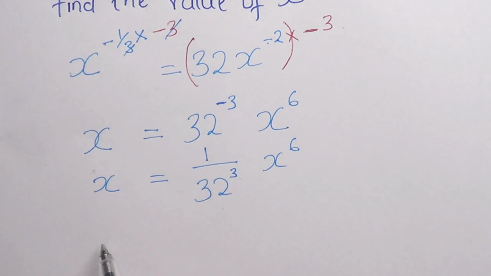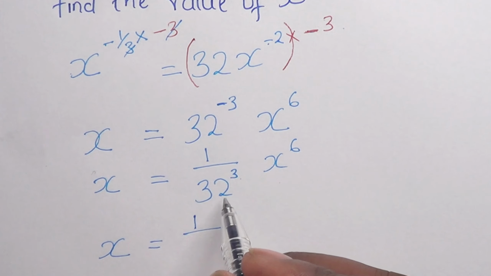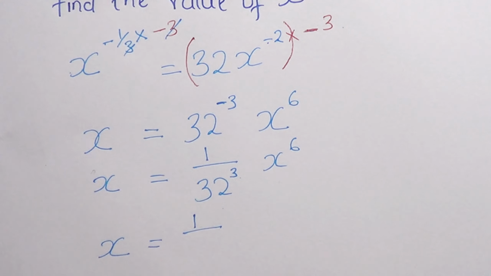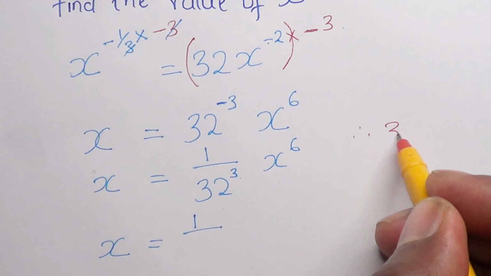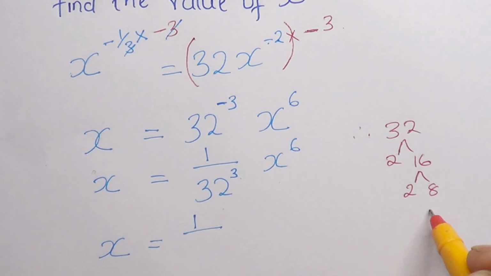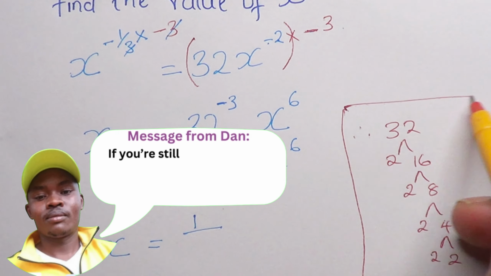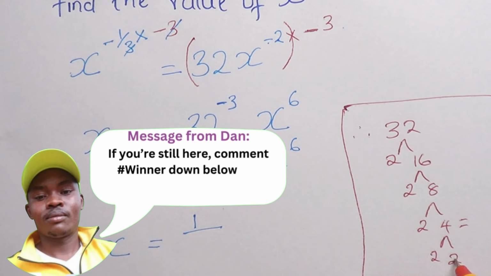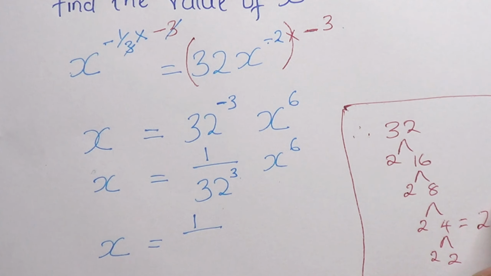So here also it will be x equals 1 over this. The indices, we need to change that 32 into the indices. Remember, 32 divided by 2 is 16, divided by 2 is 8, divided by 2 is 4, divided by 2 is 2. So it will be 1, 2, 3, 4, 5, that is 2 to the power 5.